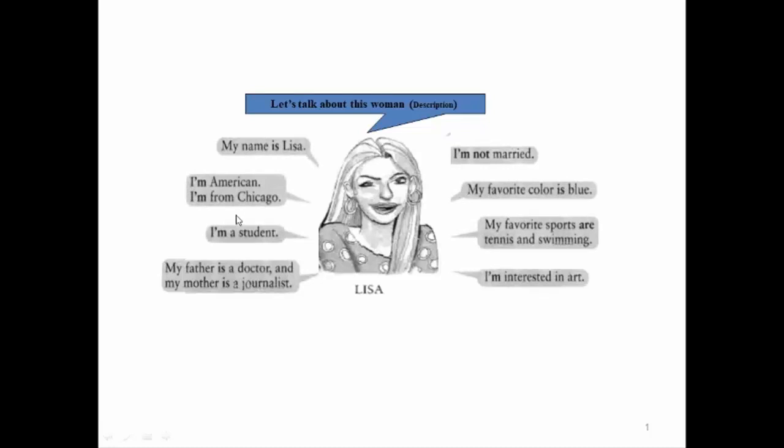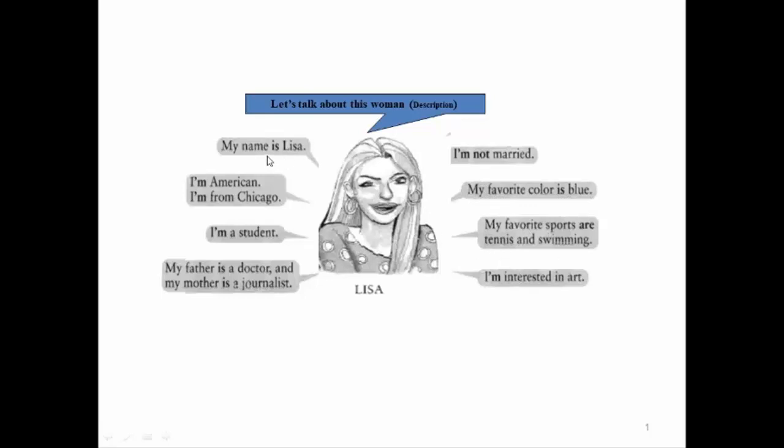Usually when you're talking about yourself, you start by, my name is, and you put your name, where you're from, what's your hometown, are you a student, or what's your job if you have one, what does your father do, what does your mom do, are you married, single, taken? My favorite color, these are all extras, and or if you have any hobbies.